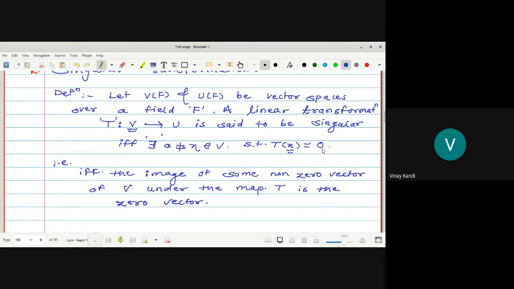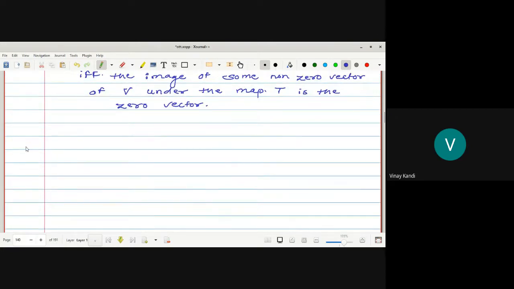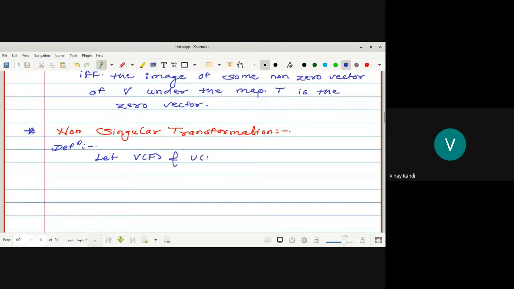And the next one is non-singular transformation. The next definition: non-singular transformation. Definition. Let again V over F and U over F be vector spaces.